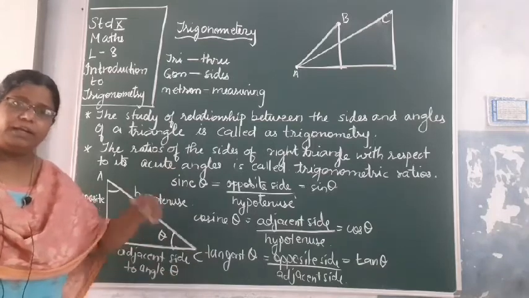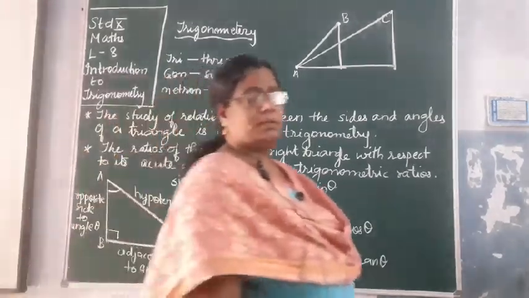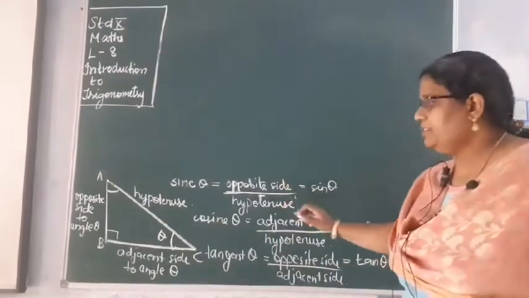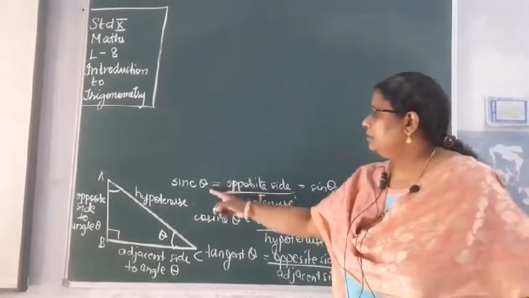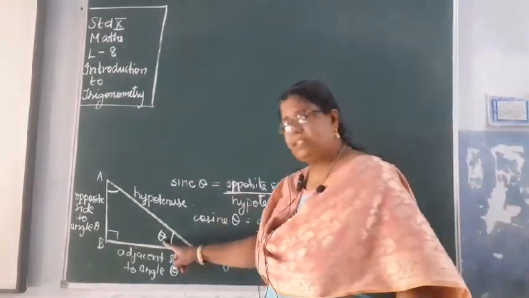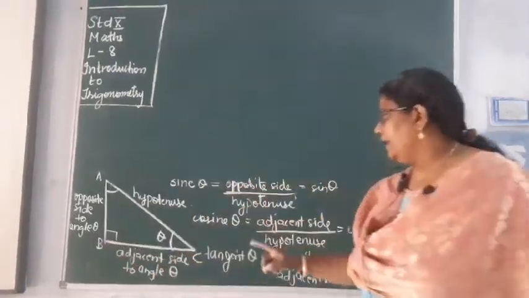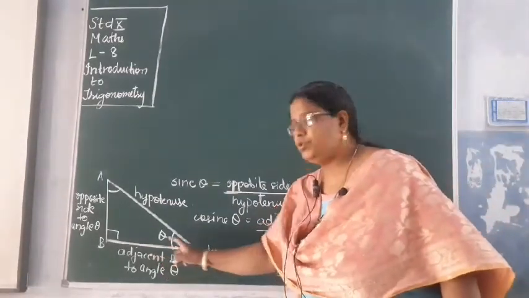Basis of this you can have three more. So that I will write, just first to copy down this. So these were the three basic trigonometric ratios. Okay, sine theta, that is sine of this angle theta, will be opposite side upon hypotenuse. Okay, adjacent side means it's the side next to the angle theta.